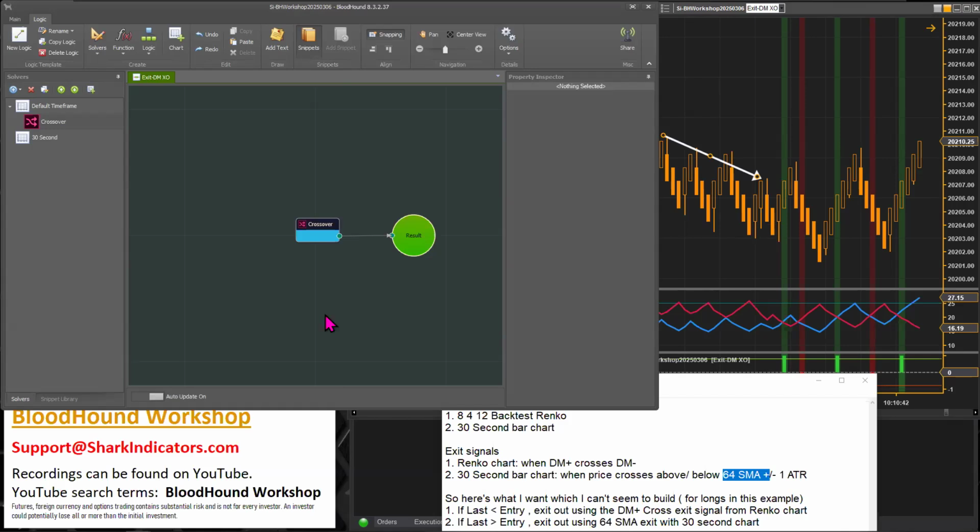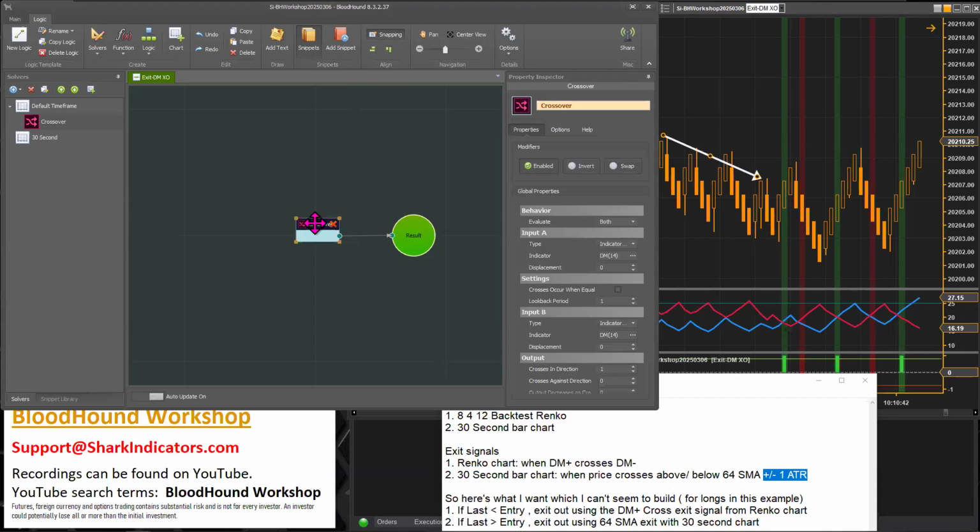So there could be a potential issue with this. When I read this, I was thinking of approaching this differently because of the ATR offset, right? The ATR added or subtracted from the SMA. And all right, I'll discuss what the issues are here in just a moment.